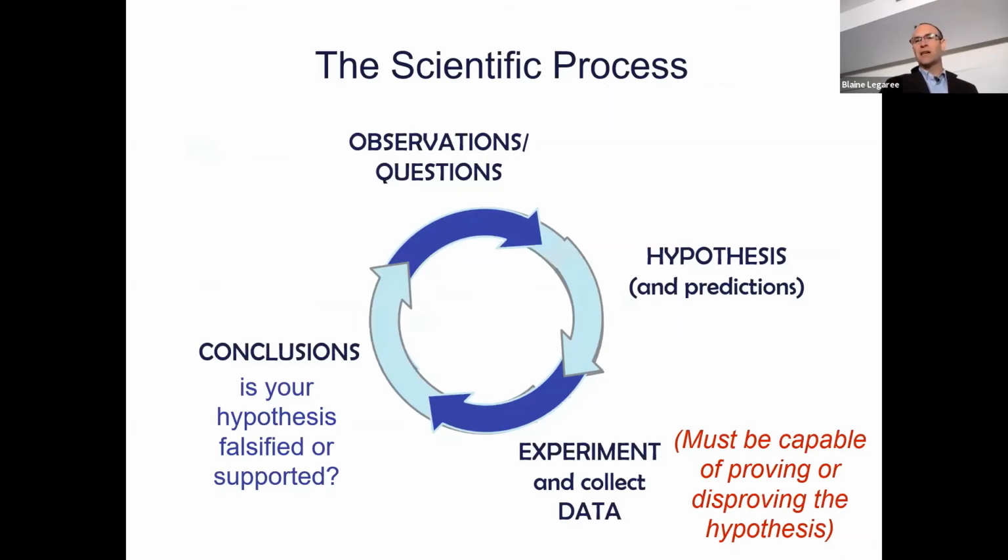So let's say I've discovered a new type of squirrel and it's gray. Normally around here we have those little red squirrels, right? So I'll observe the new squirrel. Maybe my question is, is it the same species as the red squirrel? That would be my hypothesis.